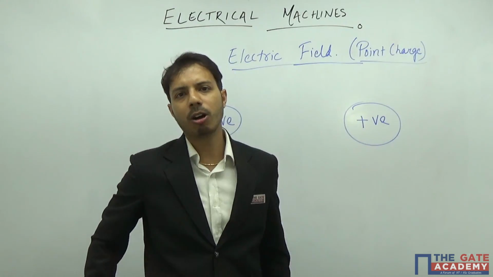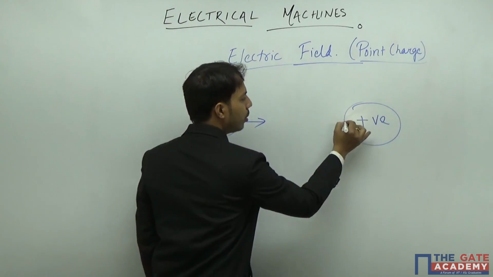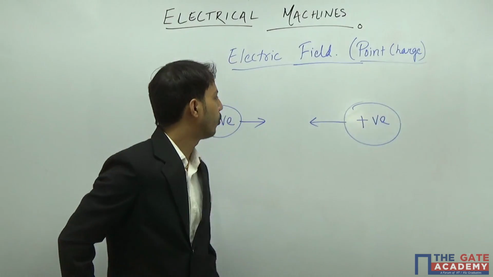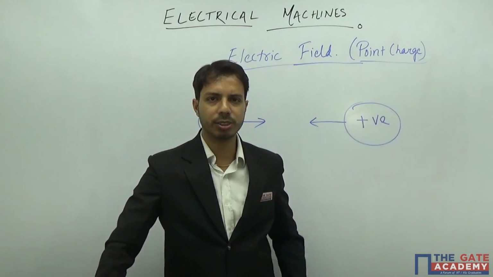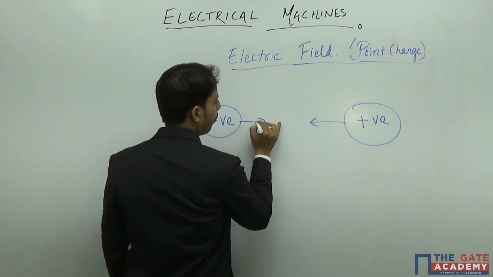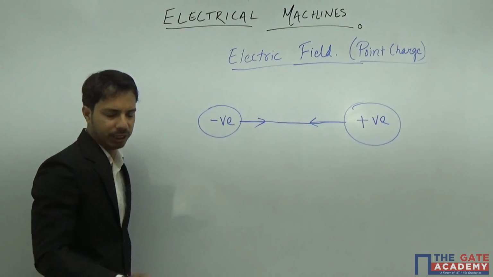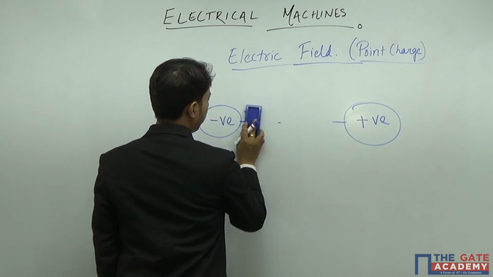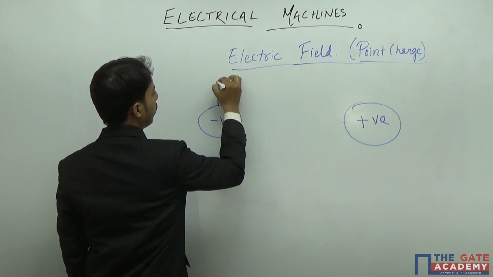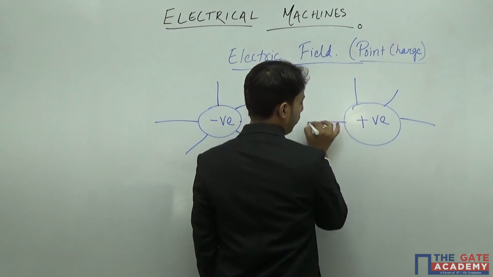This law is known as Coulomb's law. We also know that they will have equal and opposite forces, and we can calculate the forces for these two charges. Now, the electric field is nothing but lines of force coming out from these bodies.